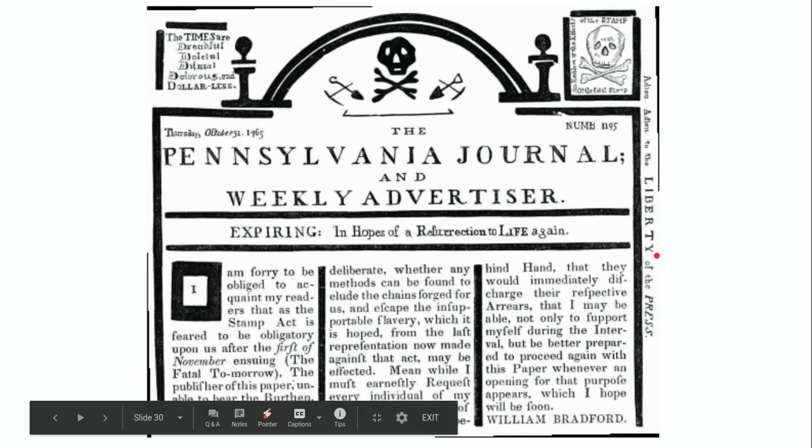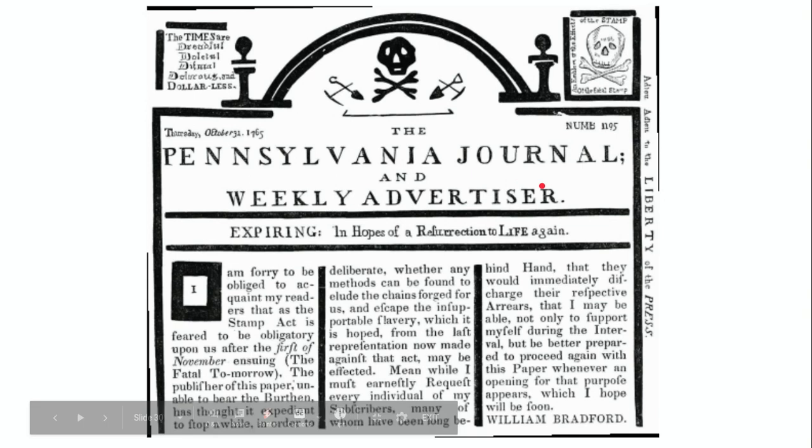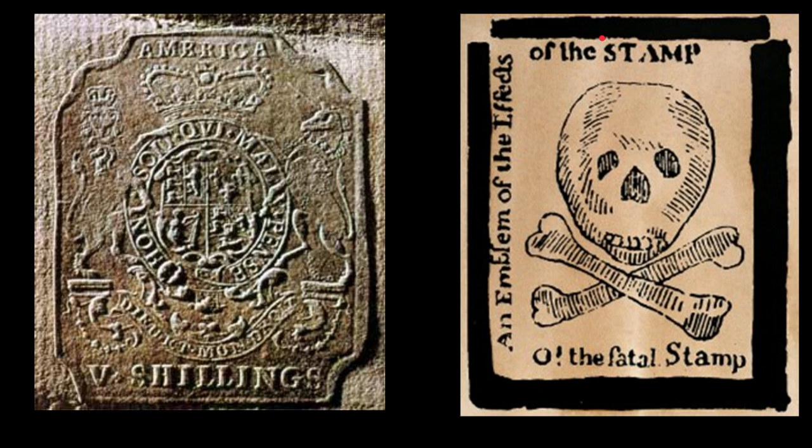This is a newspaper at the time, the Pennsylvania Journal and a weekly advertiser, that is going out of business. If you read the whole thing, they are expiring or dying in hopes of a resurrection in life again. And the reason they are dying is because of this dreaded stamp, the Stamp Act that had to be paid. Now, this was not the real Stamp Act, but this was a real stamp on this side.